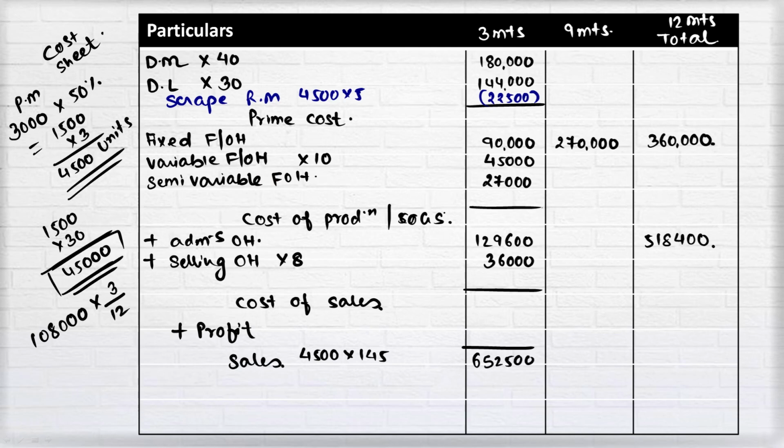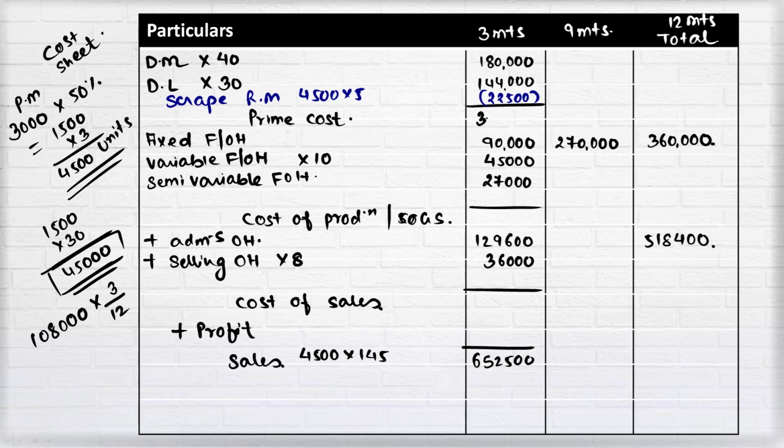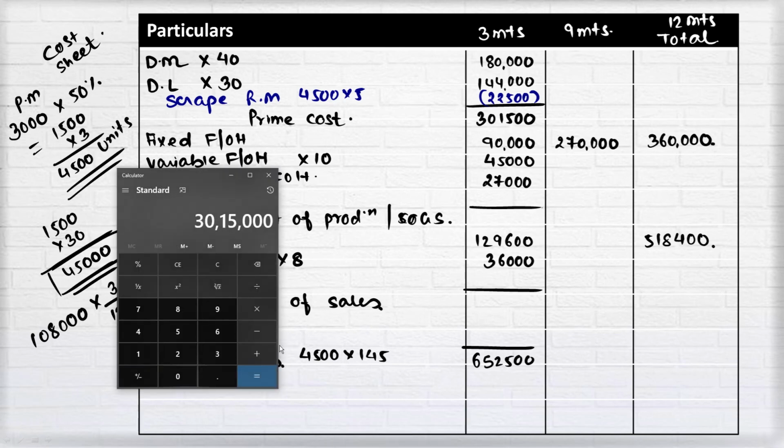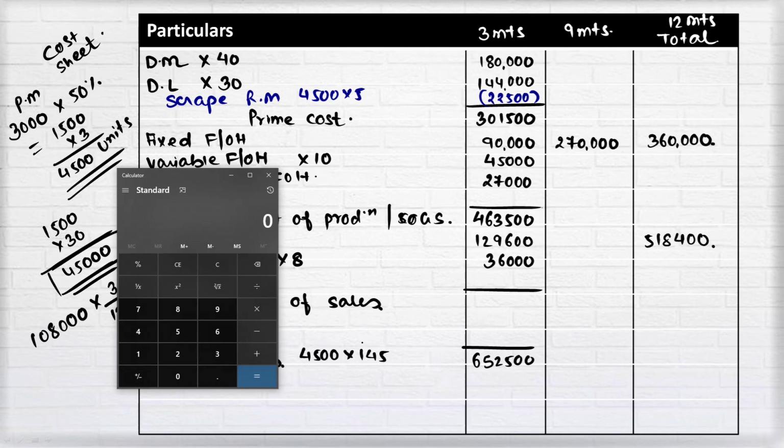I am finding out all possible answers. I can easily find out prime cost: 1,80,000 plus 1,44,000 minus 22,500, which is 3,01,500. Then 3,01,500 plus 90,000 plus 45,000 plus 27,000 is 463,500. Then 4,63,500 plus 129,600 plus 36,000 is 629,100.